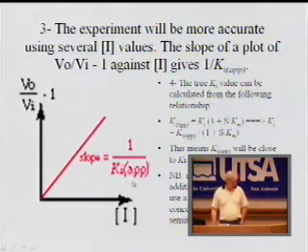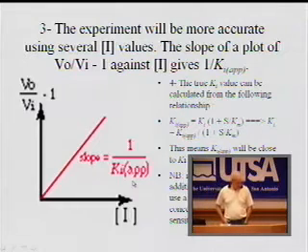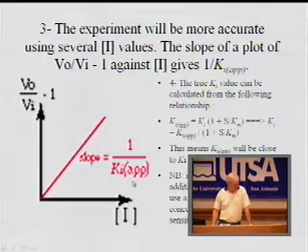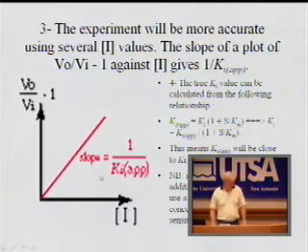So the larger the Ki, the smaller the slope. So a steep slope, the greater the slope, the smaller the Ki, means a lower concentration is more effective.